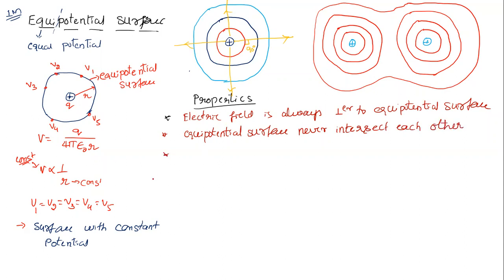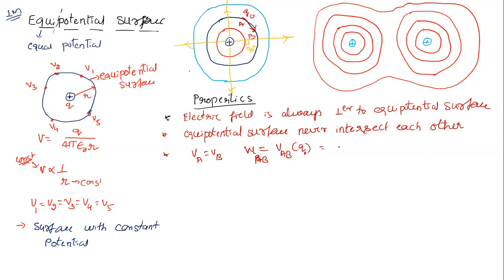Third property. On an equipotential surface, let's say there is a charge Q naught at point A, and I want to move it to point B. The potentials VA and VB are the same, right? Then the work done to move from A to B is equal to V AB into the charge we are moving, Q naught.